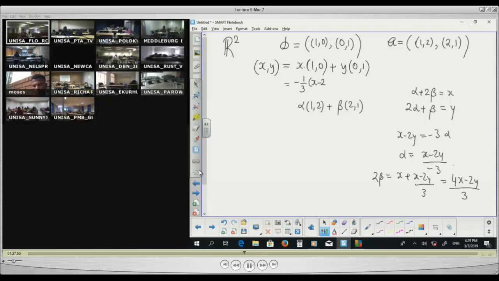So the point is (2y minus x)/3 times (1, 2) plus (2x minus y)/3 times (2, 1), right? So you can check the calculations, I think they are right.